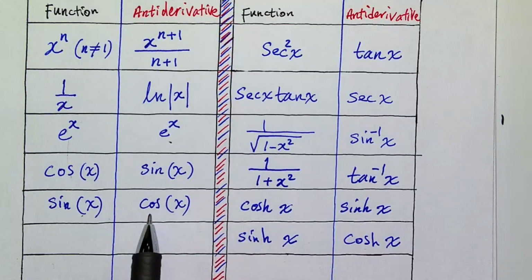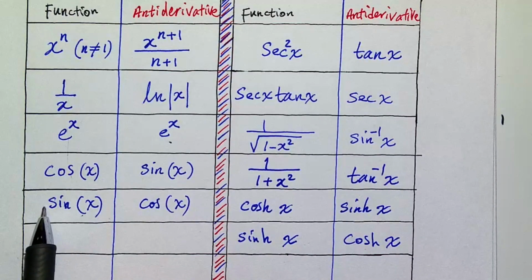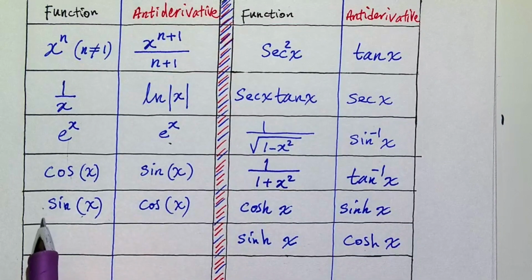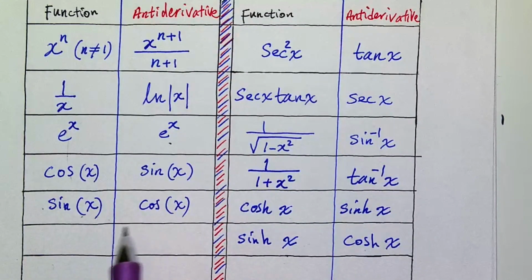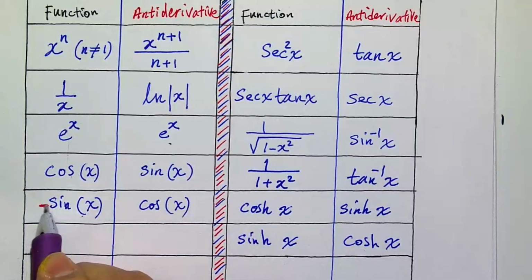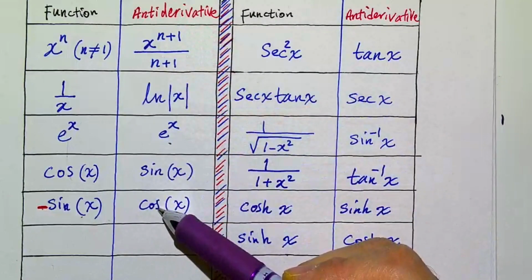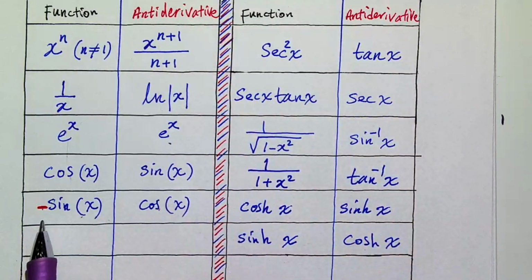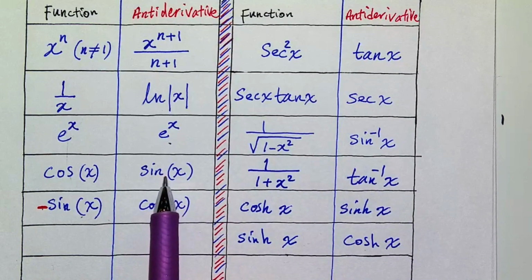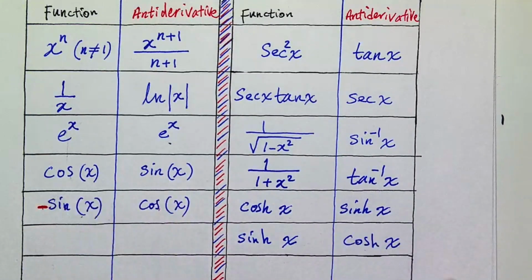So if this is the antiderivative, then the derivative must have been, let me put a minus there. There is a minus here, okay? Because the derivative of cosine, we know it's minus sine of x, all right, from the past. And the derivative of sine of x is cosine of x.